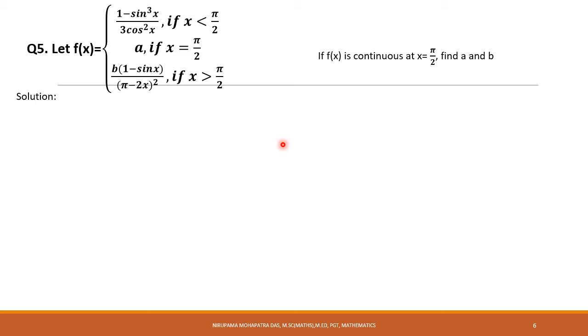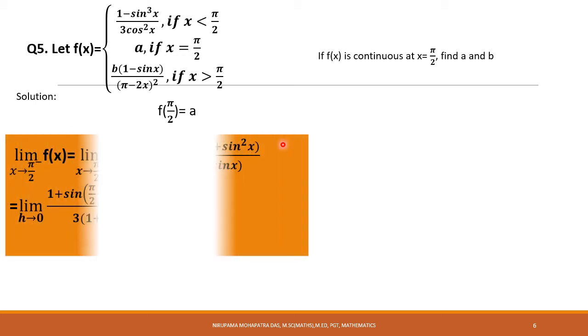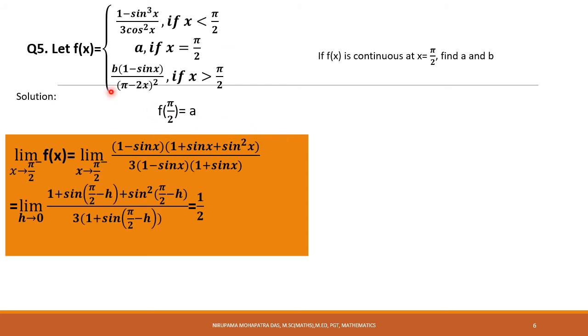So we are having f(pi by 2) equal to a. Then next, whenever you take limit x approaches pi by 2 minus, left hand limit, 1 minus sine cube x is just like a cube minus b cube. So what I have written here, (1 minus sine x) into (1 plus sine x plus sine square x).